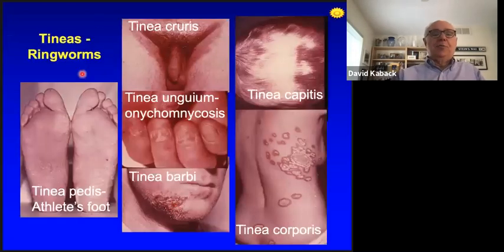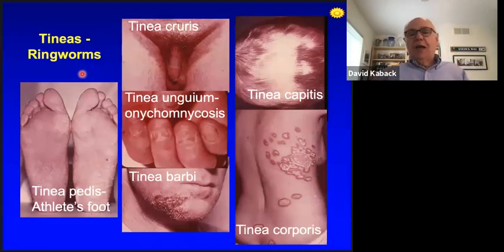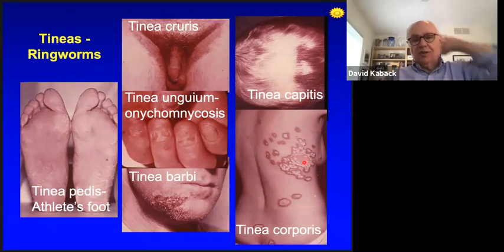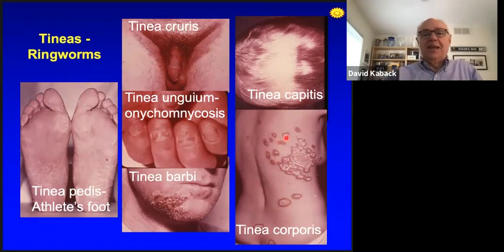We refer to fungal infections as tineas. Of course, it comes from the term worm, and you heard about a bunch of worms last week from Dr. Bellafato. And these are called ringworms because they form these round infectious circles like this, hence the name ringworms.